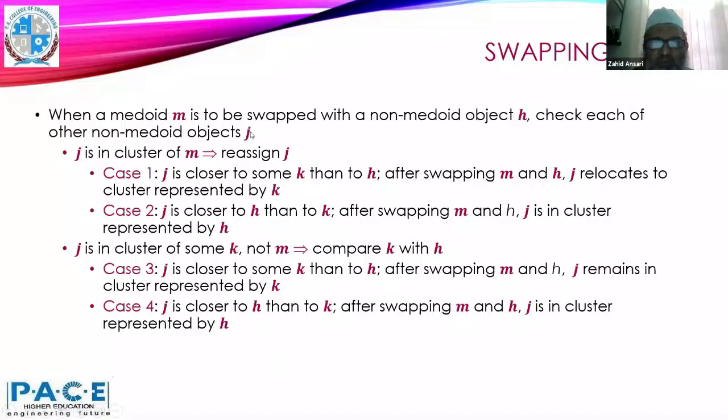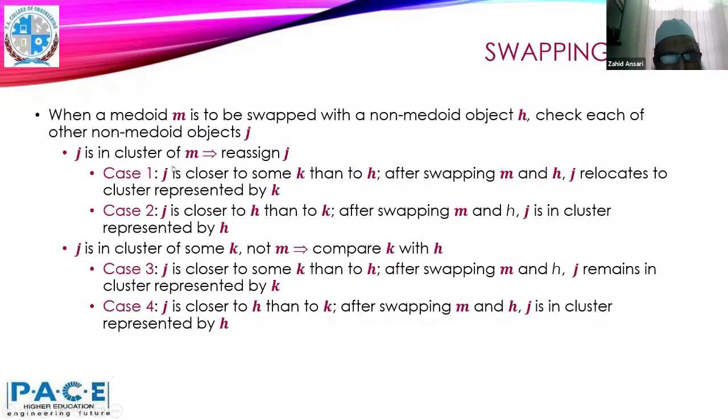All other non-medoid objects are J. There are two cases. Are the other objects in the cluster of M, or are they in some other cluster? If J is in the cluster of M, that is one scenario. If J is in the cluster of some other K, not M, that is another scenario.